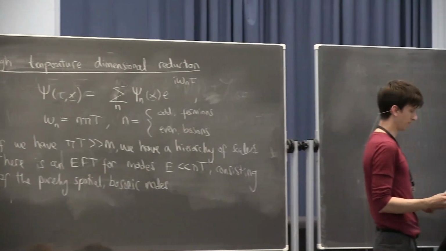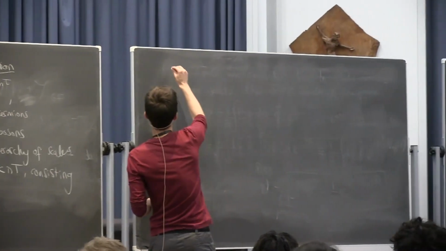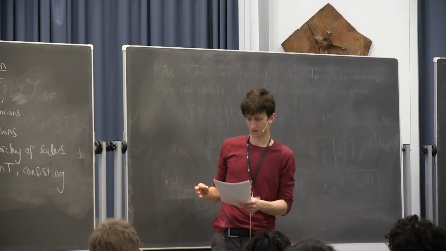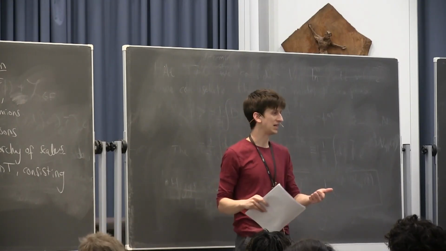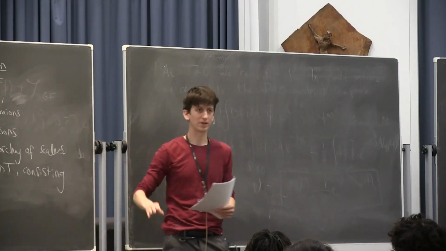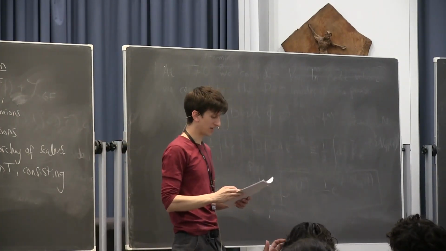Now for our abelian-Higgs model, we want to write down as our EFT, our abelian-Higgs model contains the scalar and the gauge fields. So the scalar is somewhat simple, but let me just highlight something with the gauge fields.